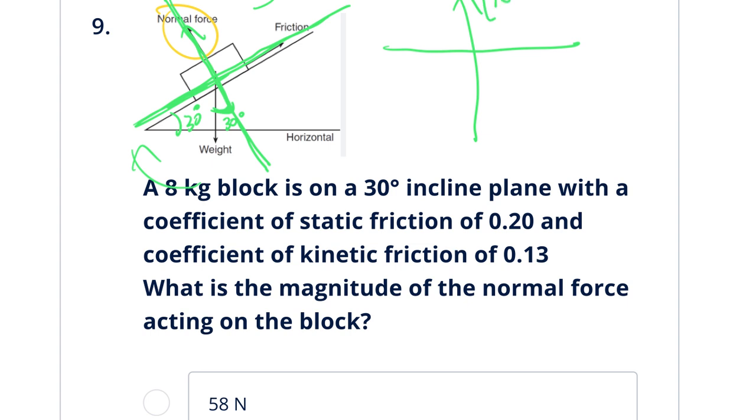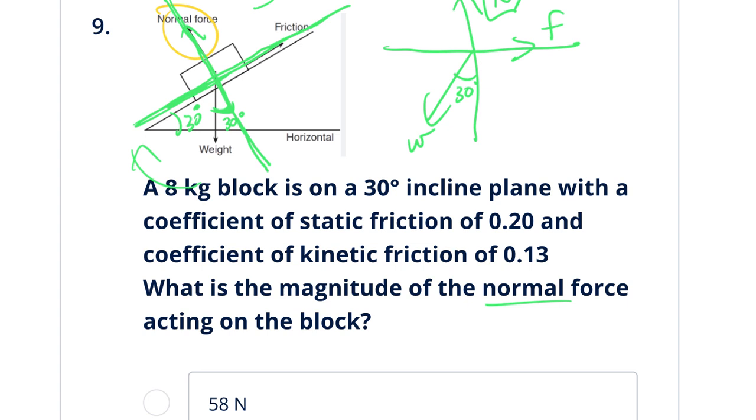So that's the normal force. We got friction this way. We got weight like this at 30 degrees. I'm just looking for the normal force.